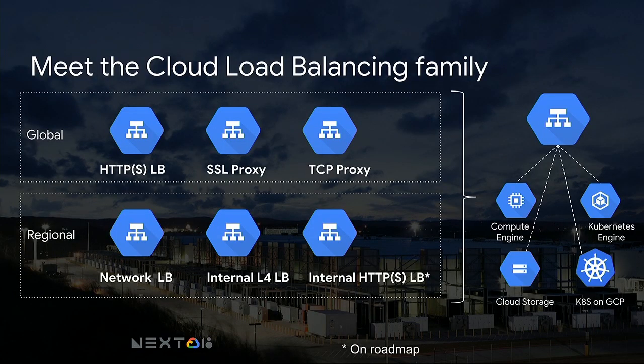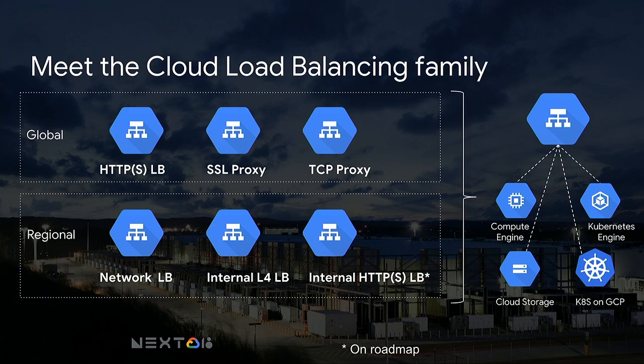So what we wanted to do was to start this talk by introducing you to our cloud load balancing family. We are going to spend most of this session getting to know 5 members, which is global HTTP/HTTPS load balancing, SSL proxy, TCP proxy, and then we've got 2 other flavors that are regional, which is network LB and internal L4 LB.